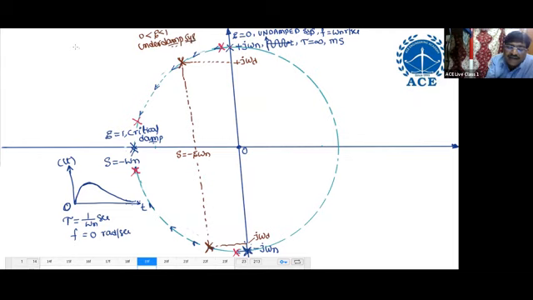What is the nature? The nature is decreasing amplitude oscillations, like this.